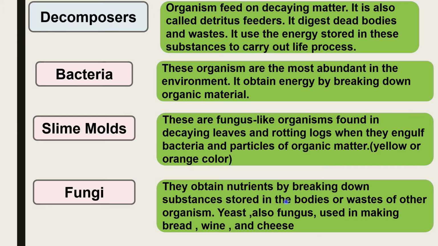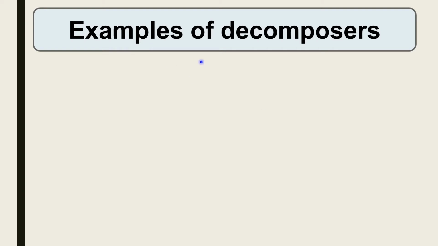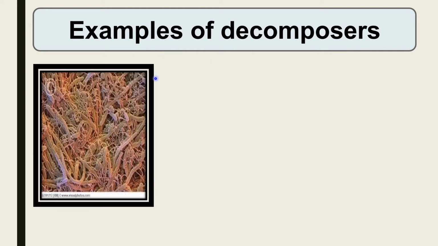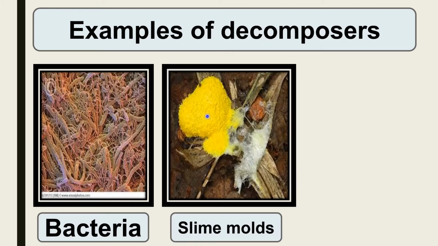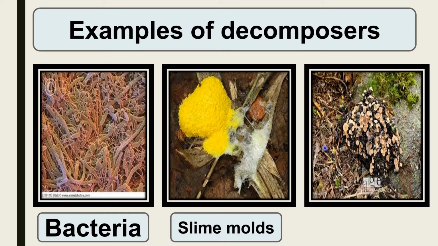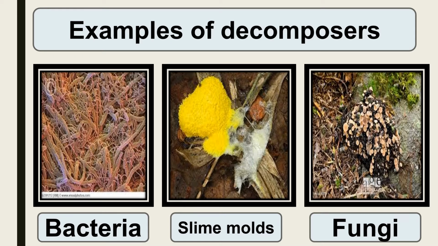They obtain nutrients by breaking down substances stored in bodies or waste of other organisms, such as yeast, also a fungus used in making bread, wine, and cheese. So, these are the examples of decomposers. These are the pictures of bacteria, the slime mold, and then the fungi.